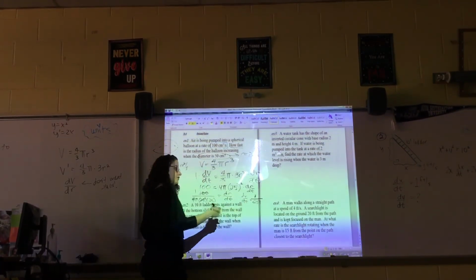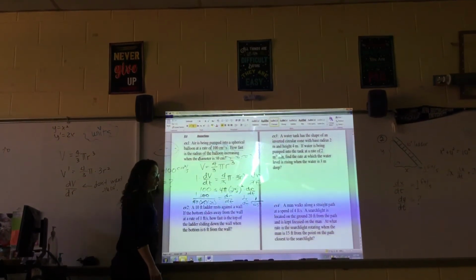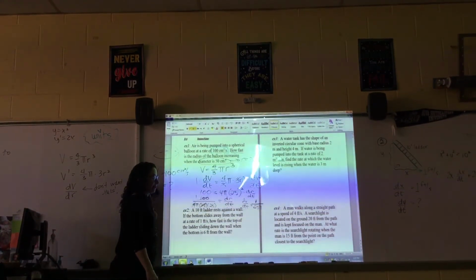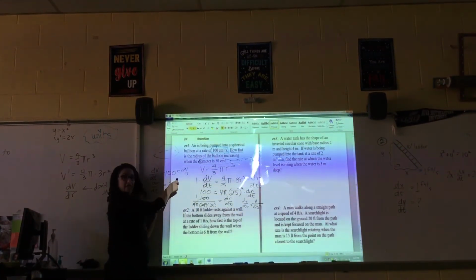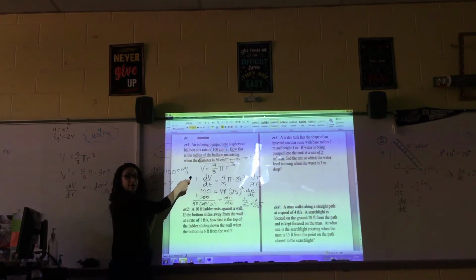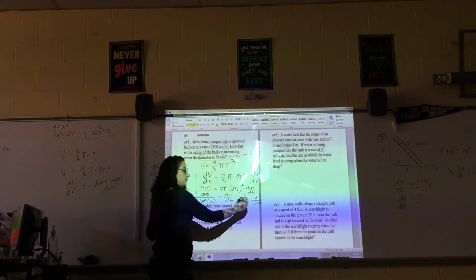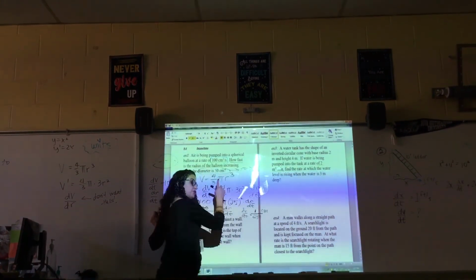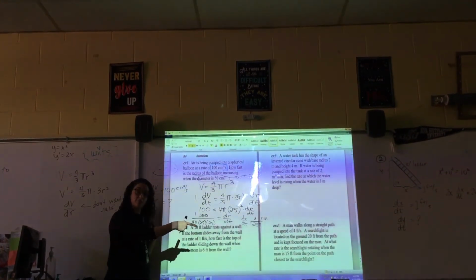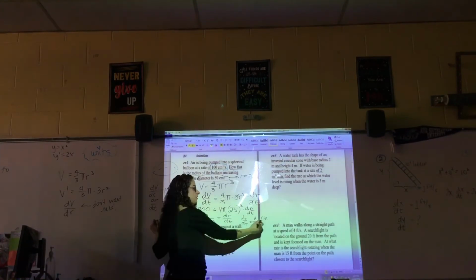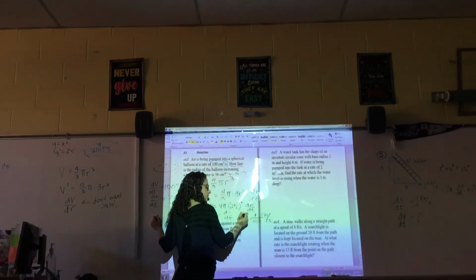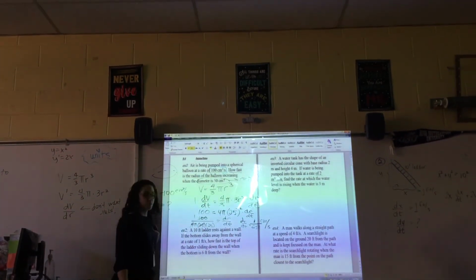What are the units on this dr dt? The units on dV dt are cubic centimeters per second because it was volume over time. My radius is measured in centimeters, but it's a rate of change, so it's centimeters per second. So there's my dr dt.